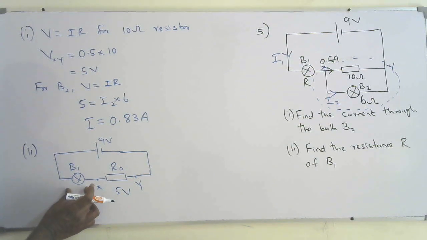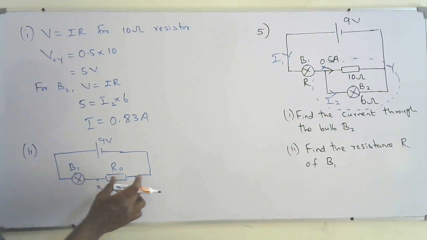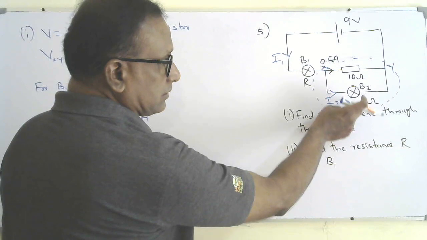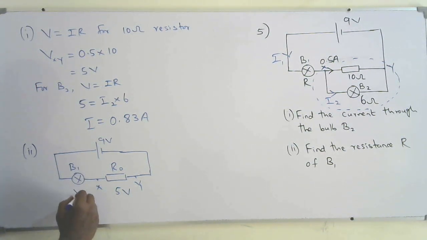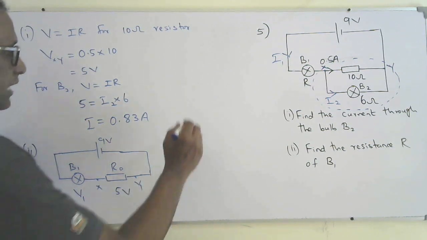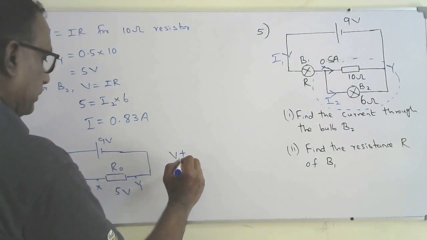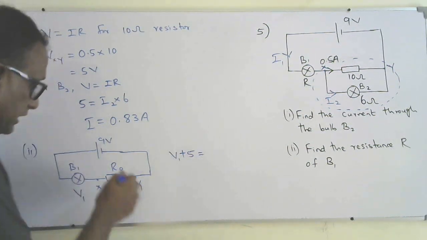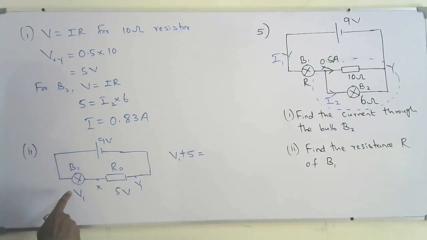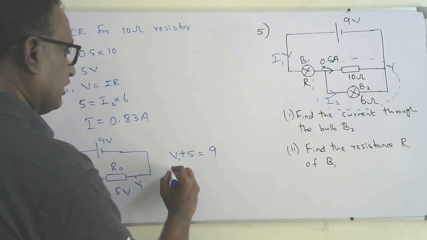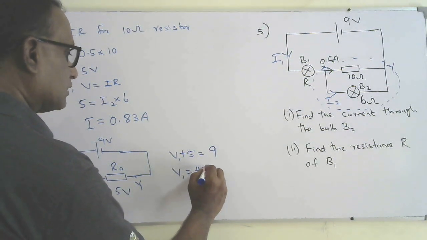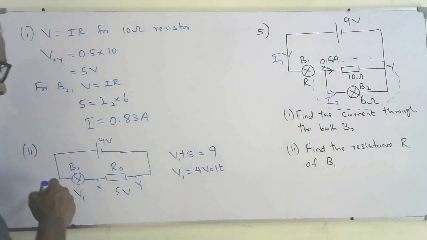The bulb B1 and the equivalent resistance R0 are in series because there is no junction or branch between them. According to Kirchhoff's second law in this closed circuit, V1 plus 5 is equal to 9. So V1 will be equal to 4 volt, the voltage across the bulb B1.